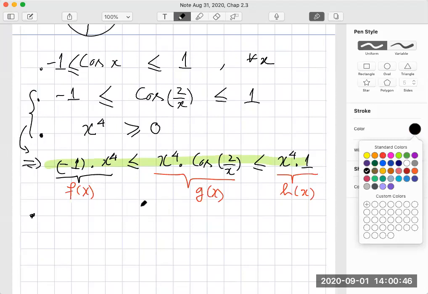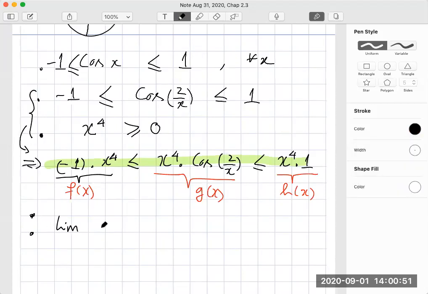Now let us compute the limit of -1 times x to the 4th when x approaches 0. And what is this? This is a polynomial. It is defined at any point on the real line, right?